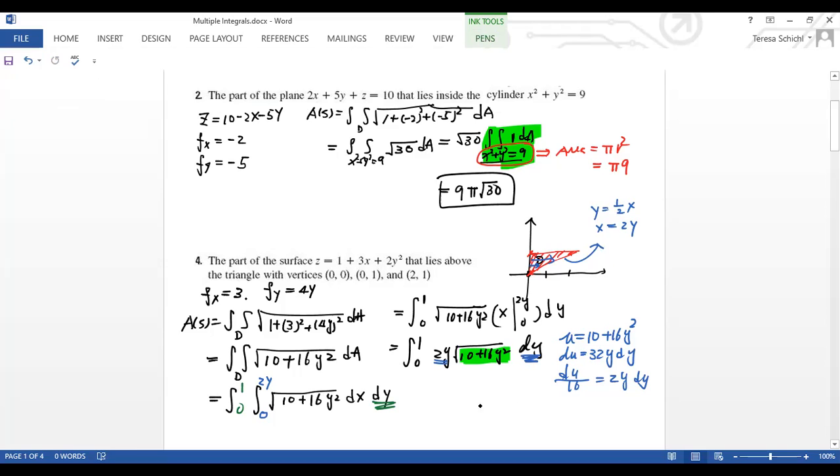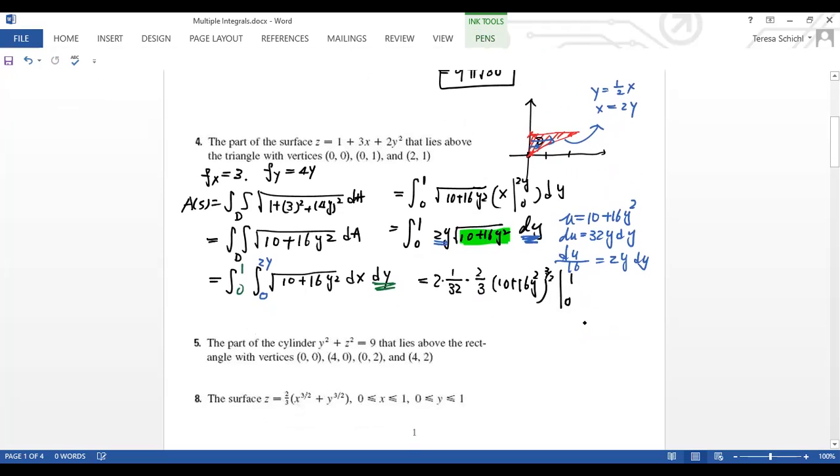So after you do the u sub, what we have here is 1 over 2 times 1 over 32 times 2/3, and then this is (10 plus 16y squared) to the 3/2. Then it's 0 and 1 here, right?